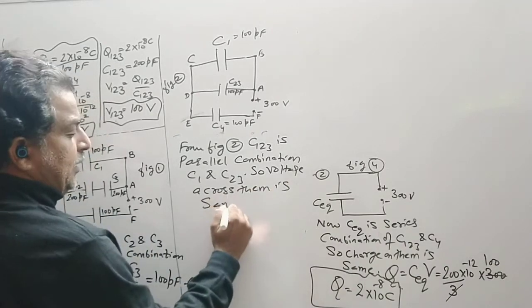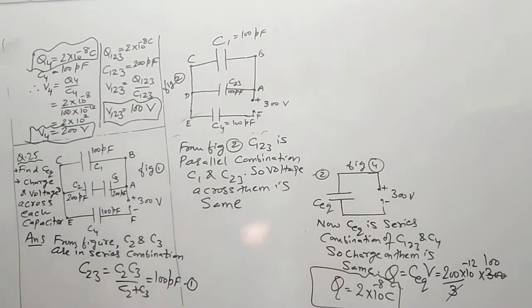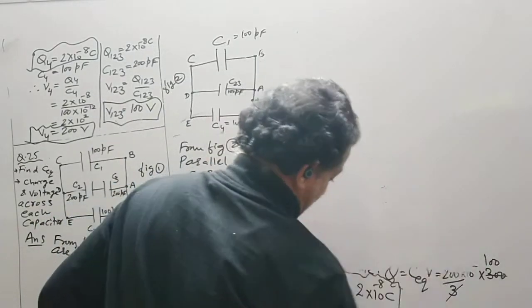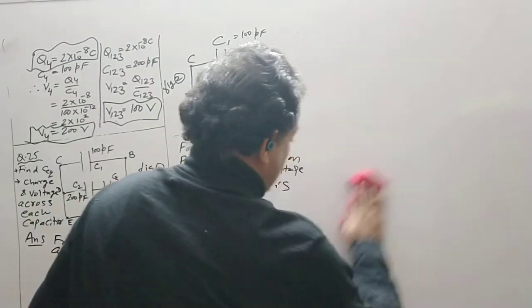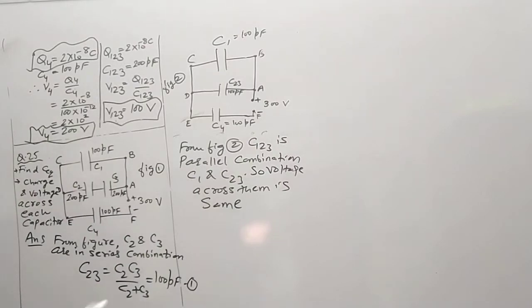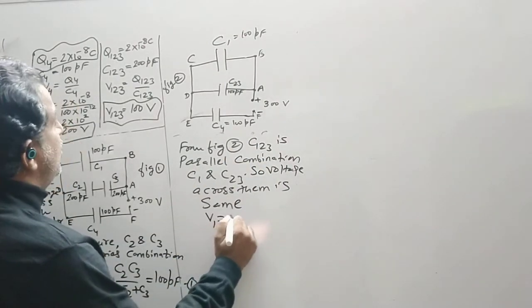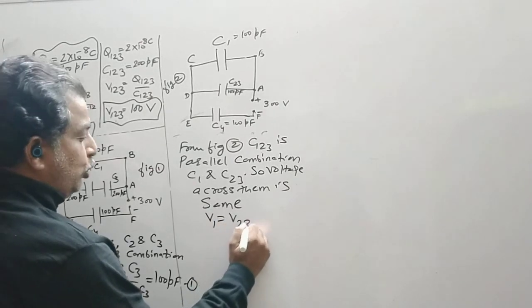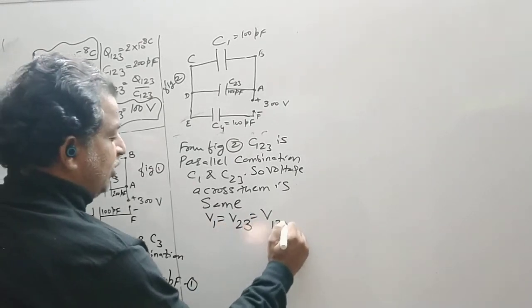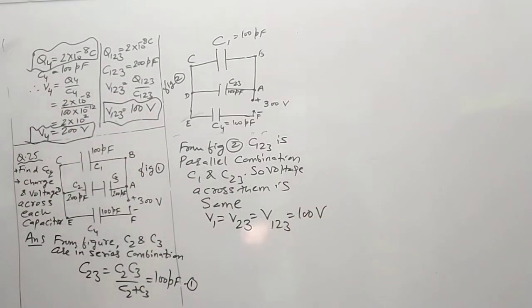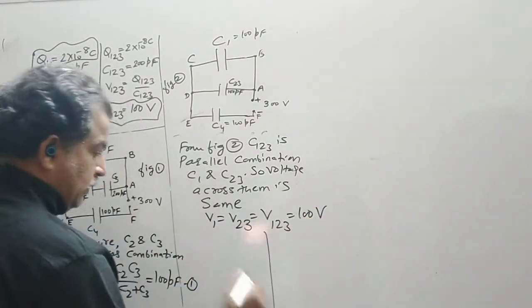See, this is a theory portion you have to write if it is a theoretical question. If it is an MCQ, you can directly apply the concepts. So voltage across them is the same, so I can write V1 is equal to V23 is equal to V123 is equal to 100 volt. Now again I make two parts.